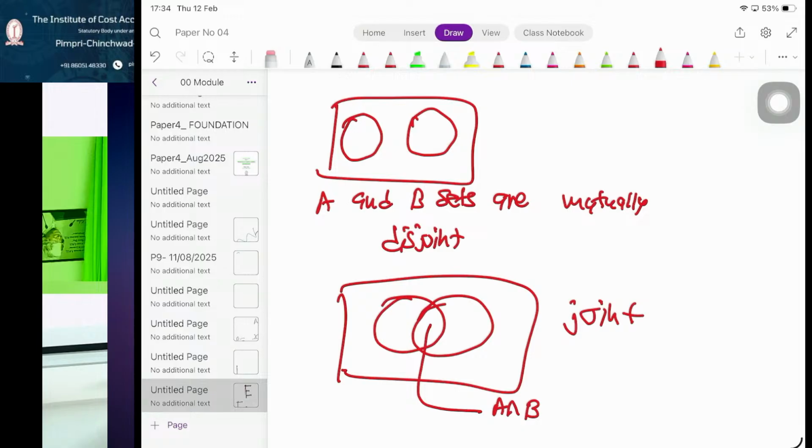A intersection B. This is your A, this is your B. A intersection B. So mutually disjoint means this part.